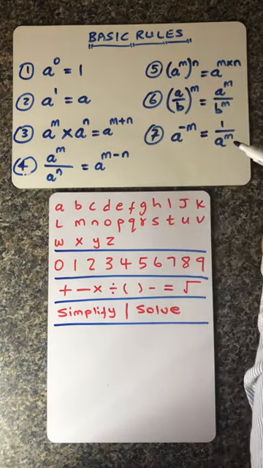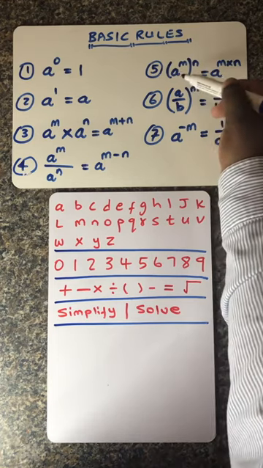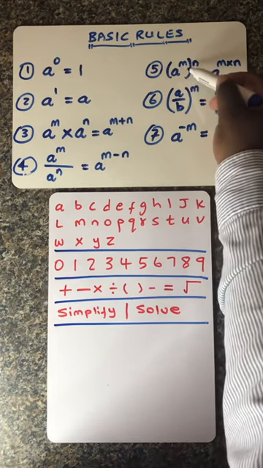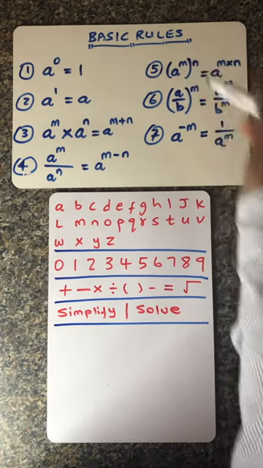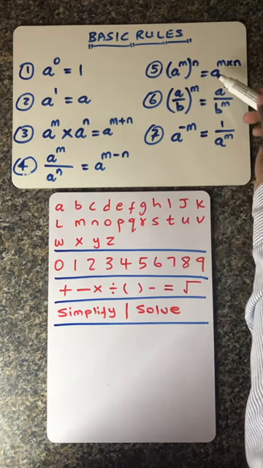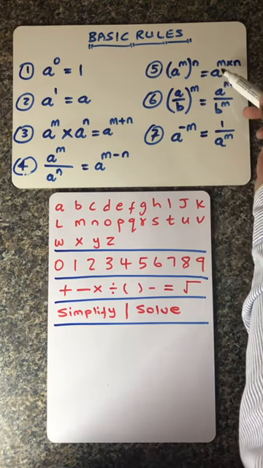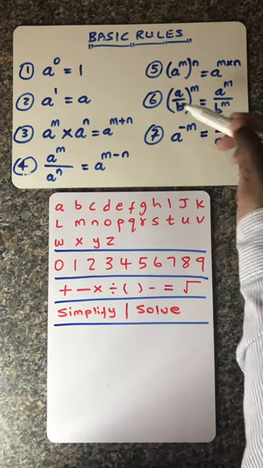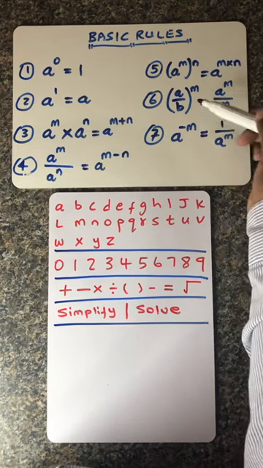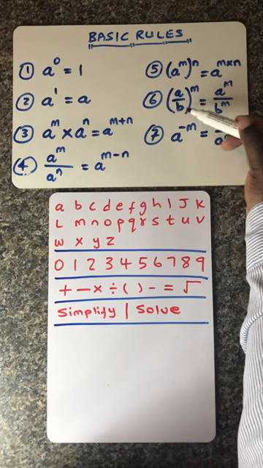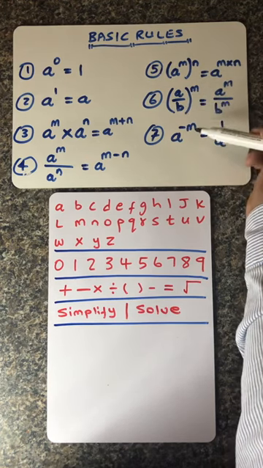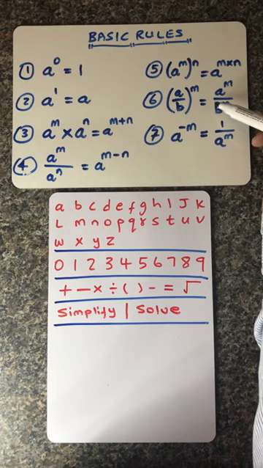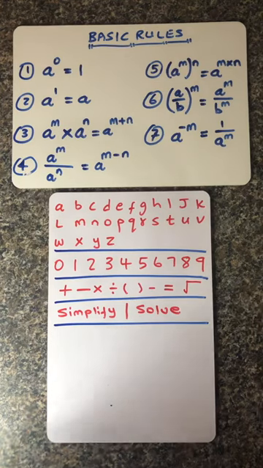Rule number 5, open bracket a to the power m close bracket to the exponent n is equal to a to the power m multiplied by n. Rule number 6, open bracket a over b close bracket to the exponent m is equal to a to the exponent m over b to the exponent m.